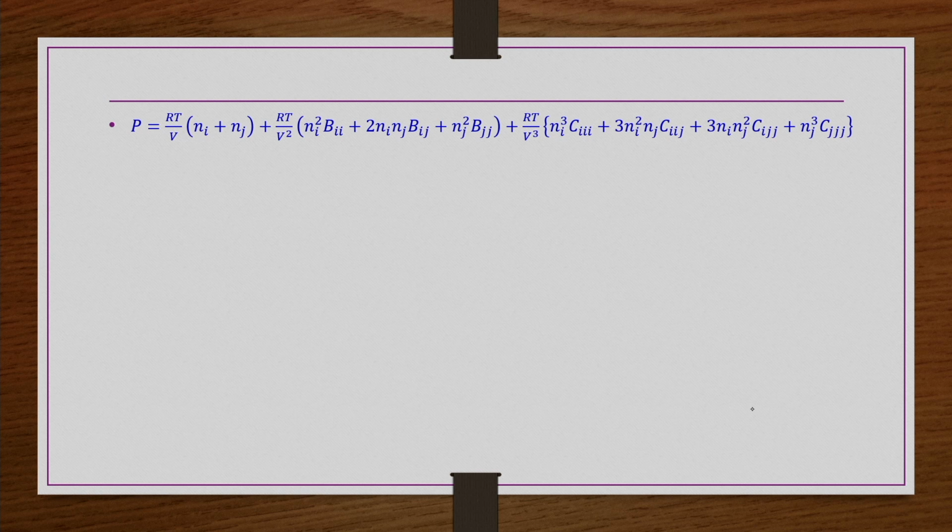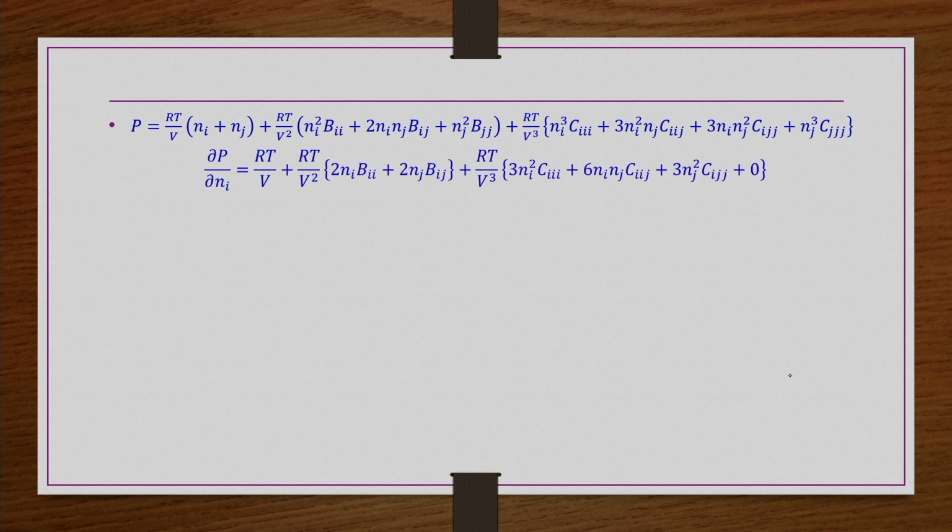P equals RT by V multiplied by Ni plus Nj, plus RT by V square, and then all this expression is there. Now, if you partially differentiate this P with respect to Ni, because we are doing it for the ith component, when you take the derivative with respect to Ni, Nj is constant. So, dou P by dou Ni would be RT by V multiplied by 1 plus 0. So, that is RT by V, and this is RT by V square.